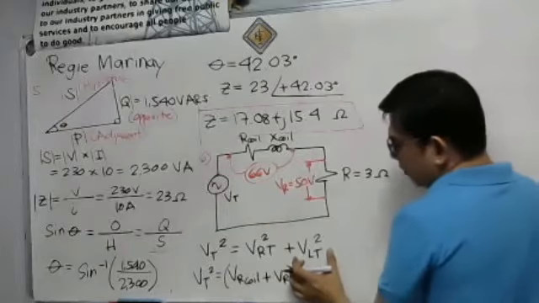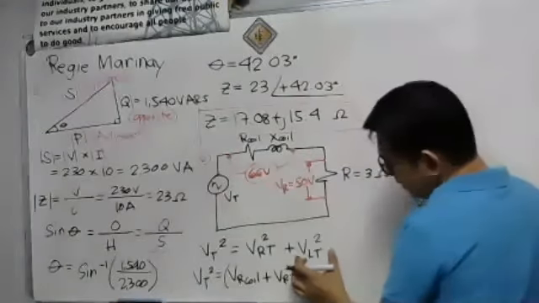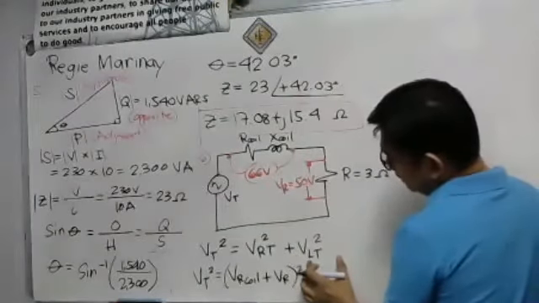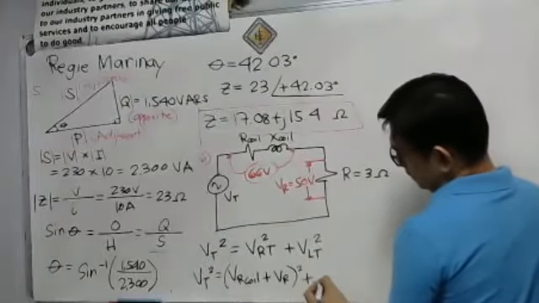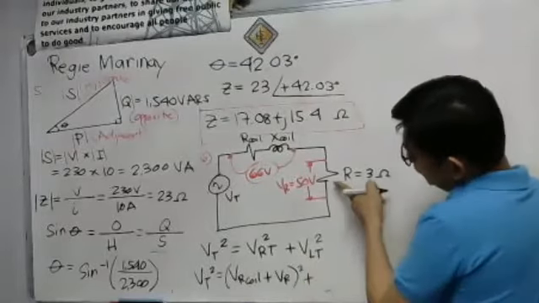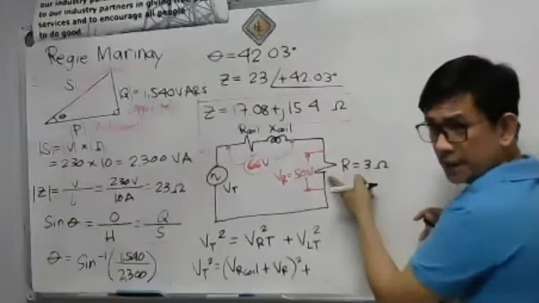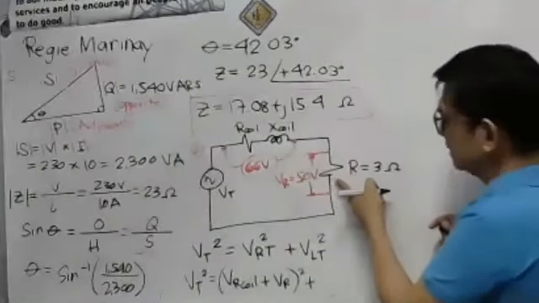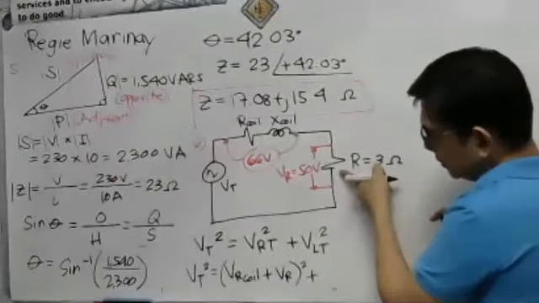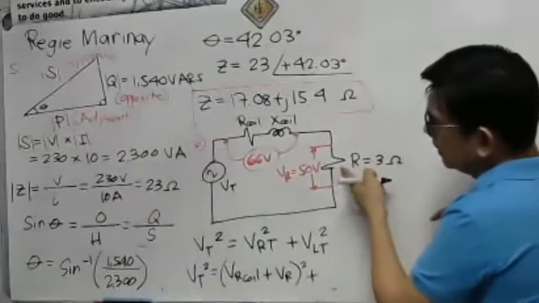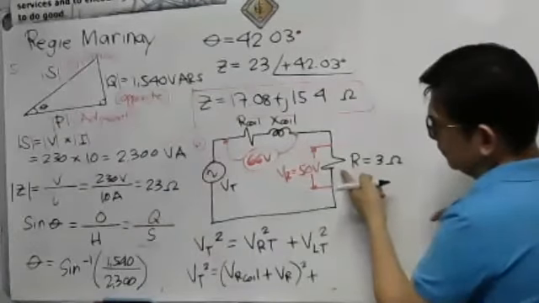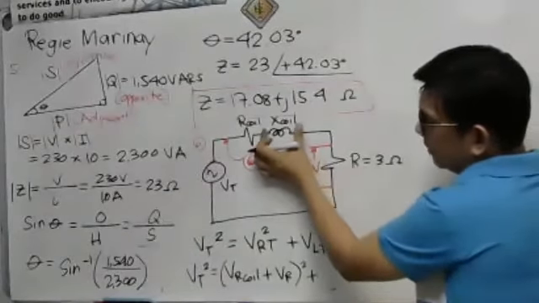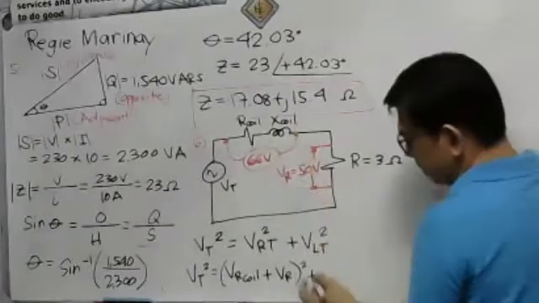our VL, the total voltage at the inductor. Since there is no coil here in our resistance, there's no series resistance because it is a non-inductive resistance. So the only voltage at the inductive portion is the voltage at the coil here, at the X of the coil.